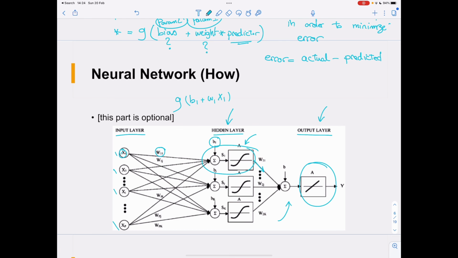Okay, and again, how to figure out the hyperparameters? Using trial and error, a process called hyperparameter tuning. It's basically trial and error. We change these knobs in order to get the best prediction, the lowest error.